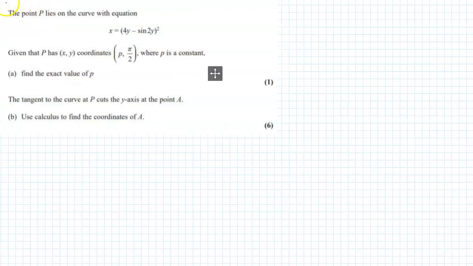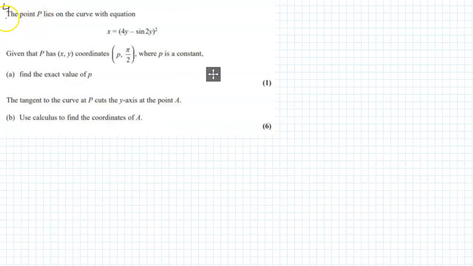So this one is question number 4. The point P lies on the curve with equation x = 4y − (sin 2y)².